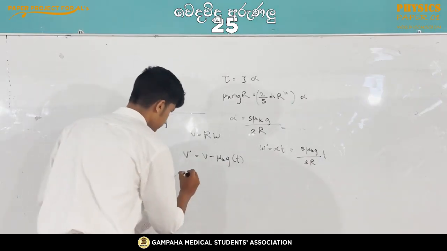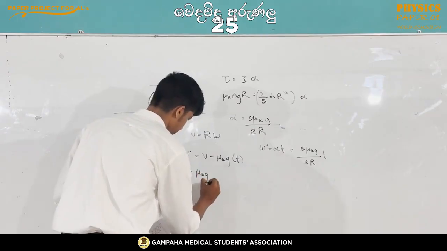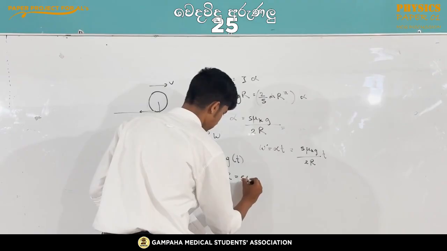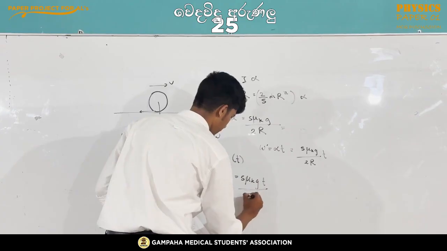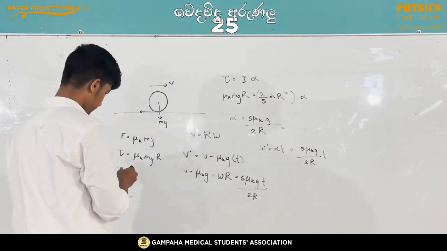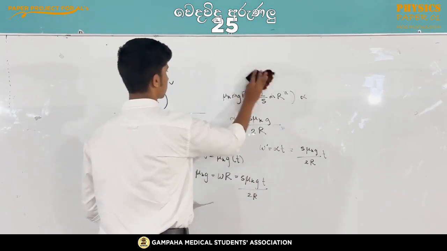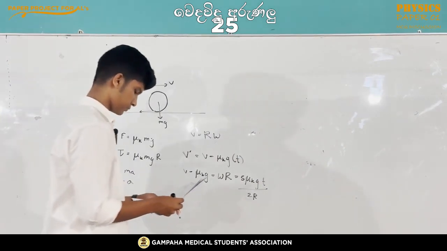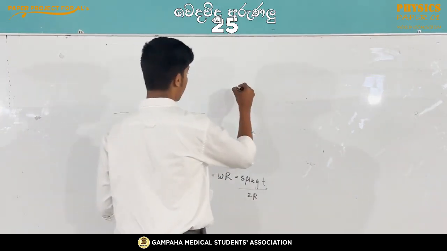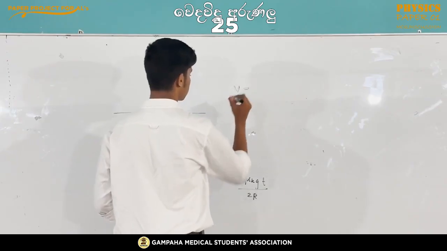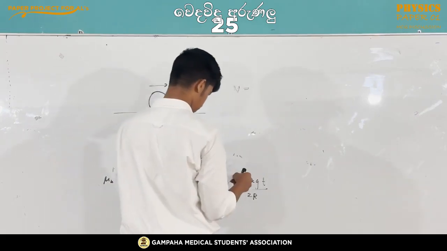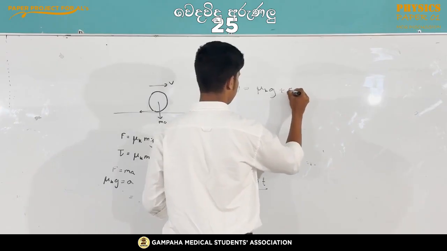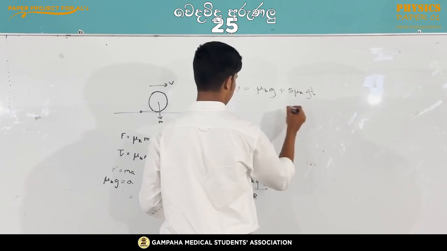Therefore, after that, v will be equal to mu k g plus 5k to r.